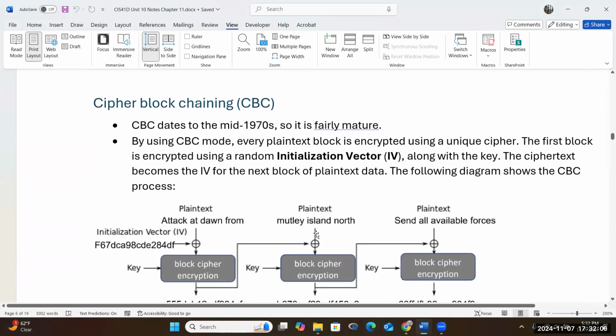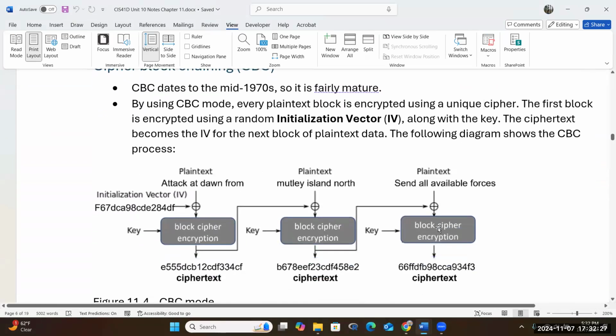Cipher block chaining, we use this for data storage. When I give you guys a batch, the company that batches, they use this CBC. For this mode, we know that it encrypts using a unique cipher. Each block has a unique cipher, and it's applying the symmetric key the same.